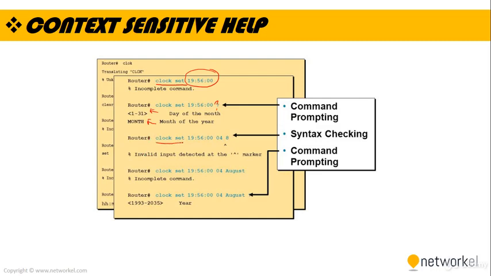Alright, if we type clock set and something wrong again, then hit enter, it says invalid input detected, which means we entered a wrong command. Then if we type clock set August and hit enter, it says the command is still incomplete. If you want to see the whole command, you can use the question mark again, and it tells us what the missing part of the command is.